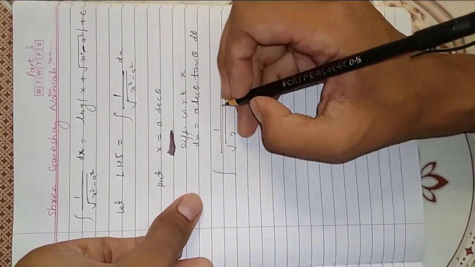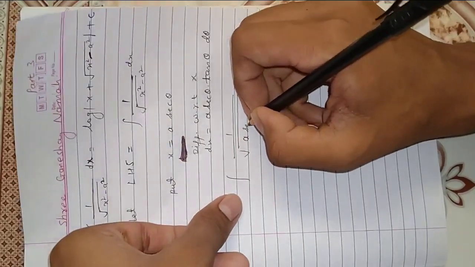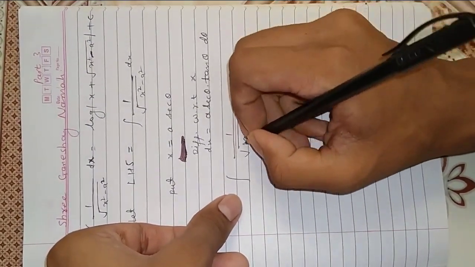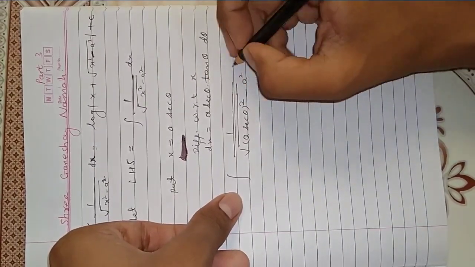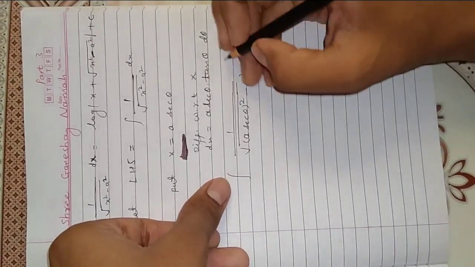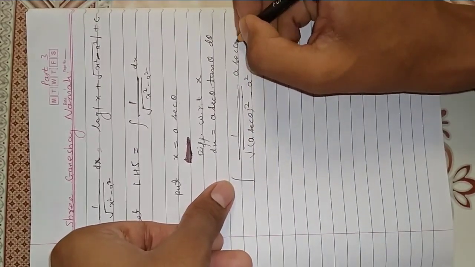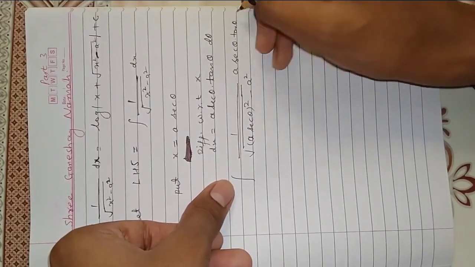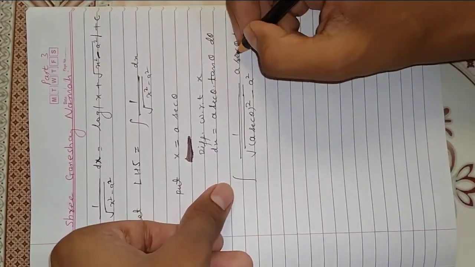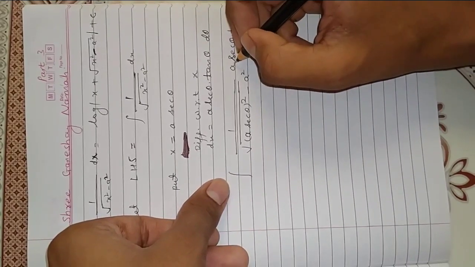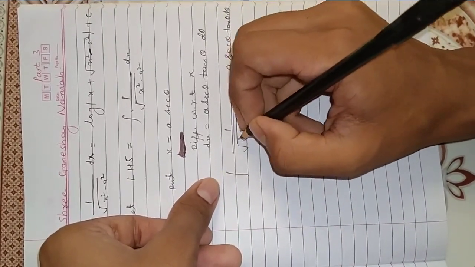In place of x I am going to put a sec theta, and since it's a square, I will write it in power, and in place of dx I am going to substitute a sec theta into tan theta d theta. Yes, am I right, guys? This is what we have got from the expression.